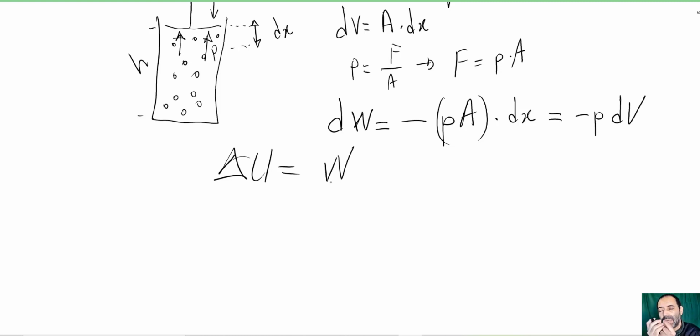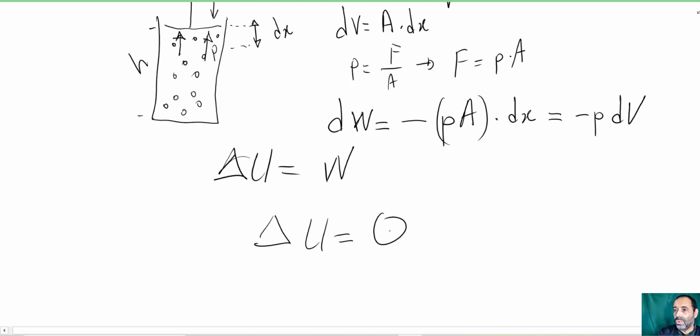This is slightly different from what the book has done, because the book has a negative sign and removes the negative sign from here, and that's not the standard convention. This is the standard convention. So in general, the change in energy of a gas is due to the heat added to it, and the work that is done against it or by it.